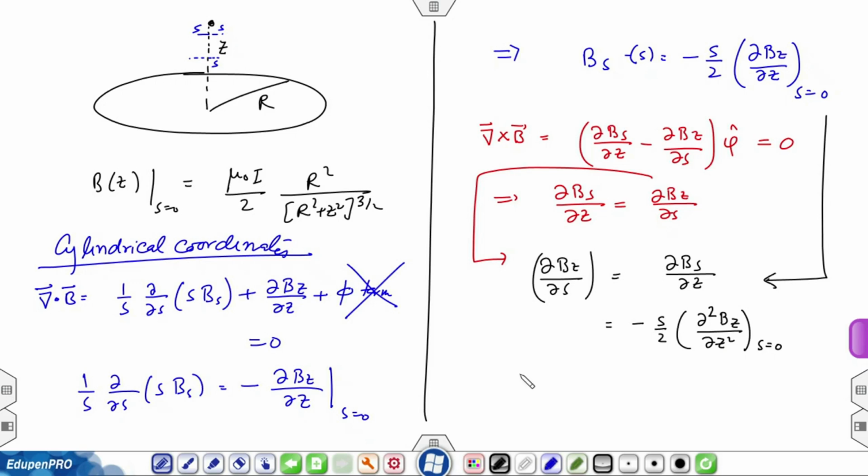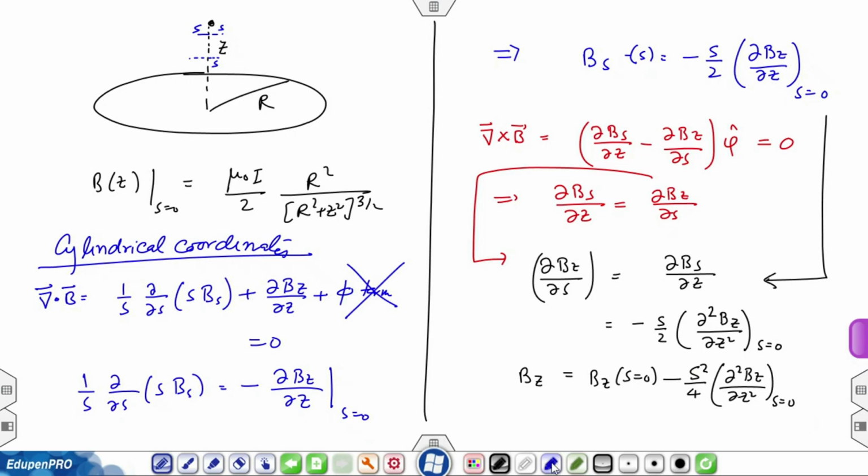And this tells you that Bz as a function of s is going to be equal to Bz at s equal to 0 minus s square by 4 d2Bz by dz square at s equal to 0.